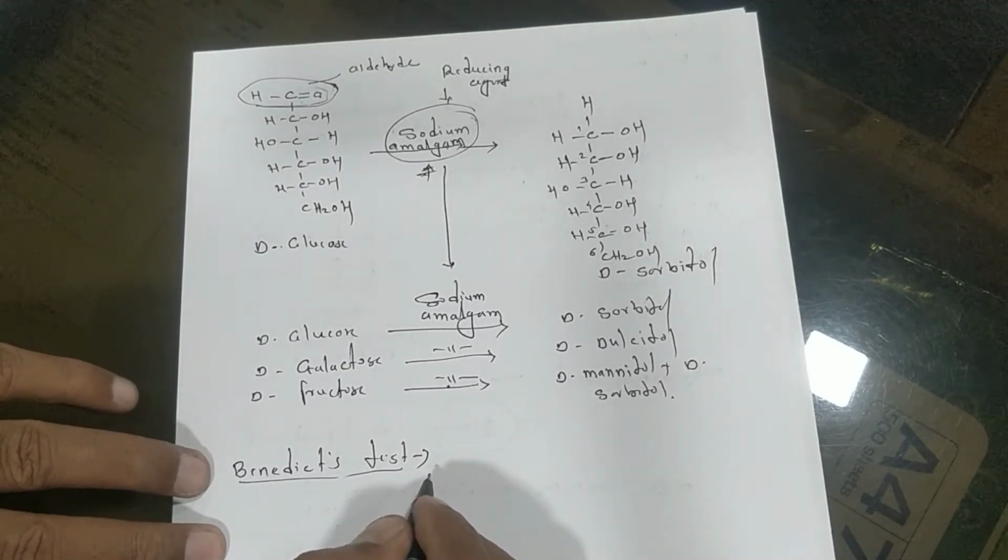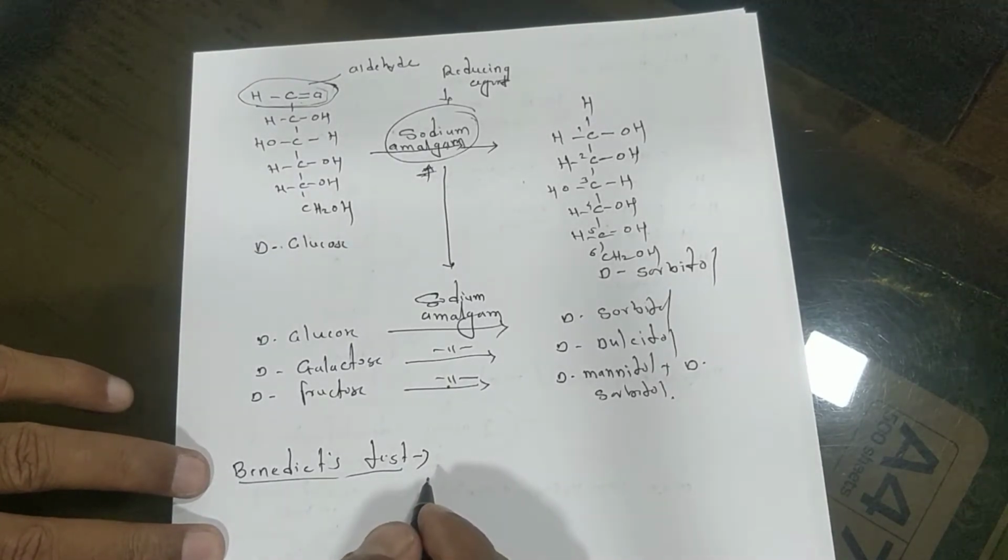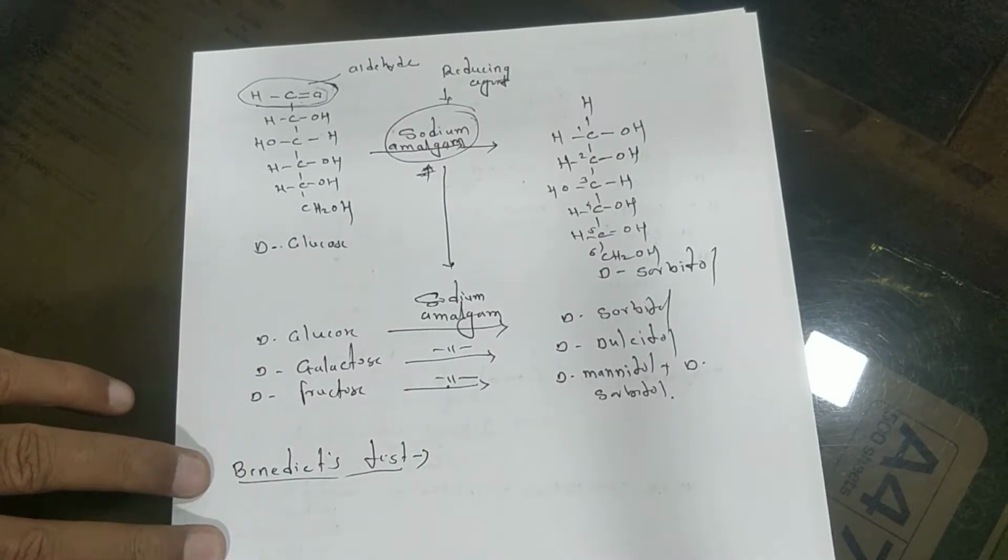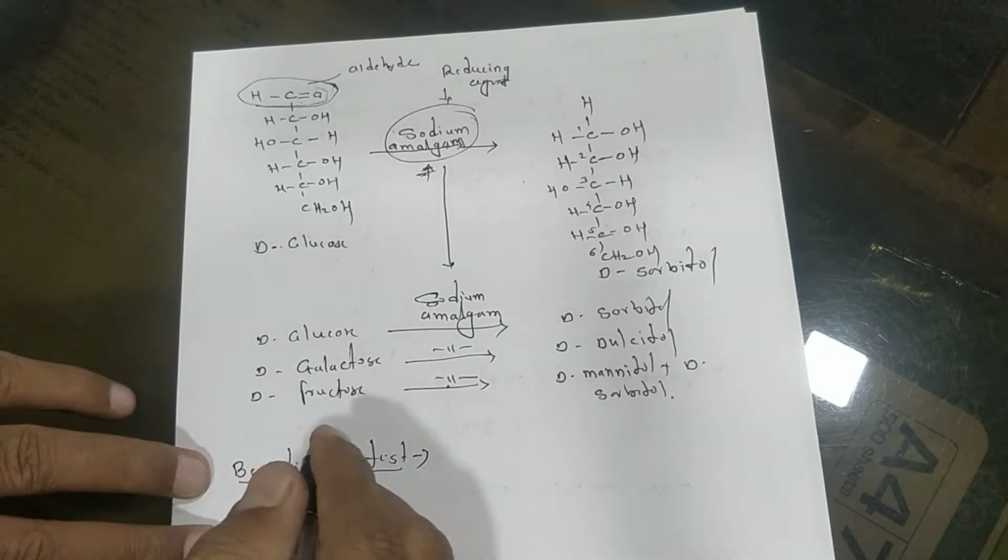In the Benedict test, the carbohydrate is treated with alkaline copper sulfate, and the copper sulfate gets reduced and gives a red precipitate, and that precipitate contains cuprous oxide.